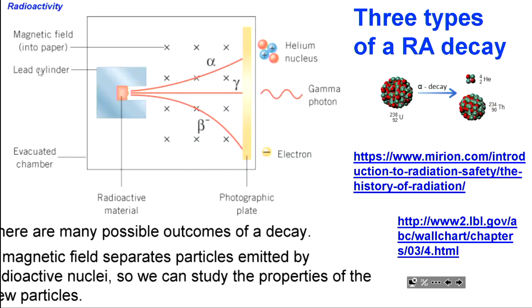And if we apply a magnetic field, we can see that some particles are not deflected, some deflect one way, some deflect another way. Using the right-hand rule, or left-hand rule, we figure out some particles are negative and some are positive. And before learning the structure of those particles, people just called them alpha, beta, gamma.